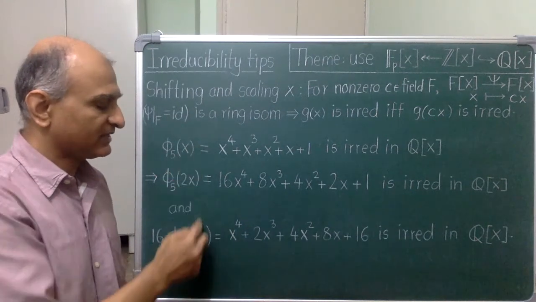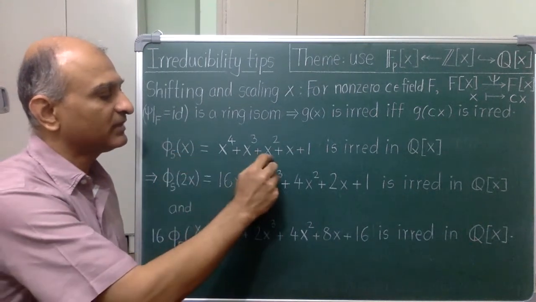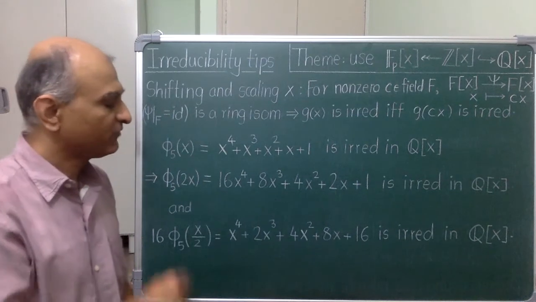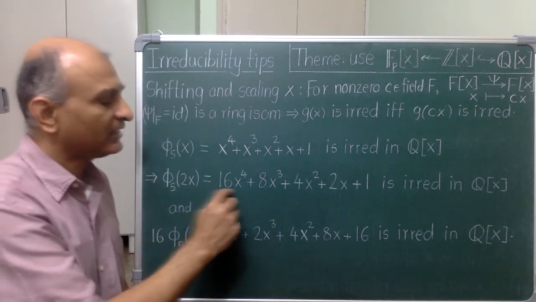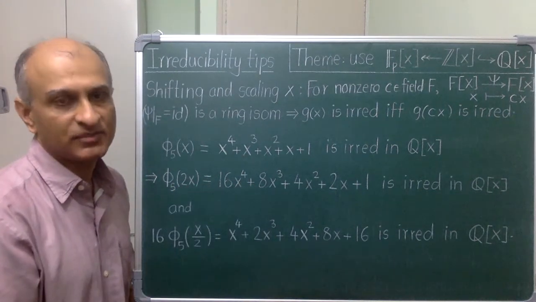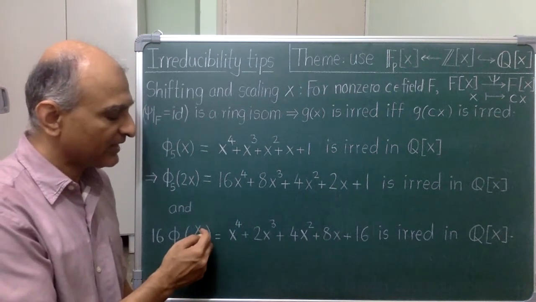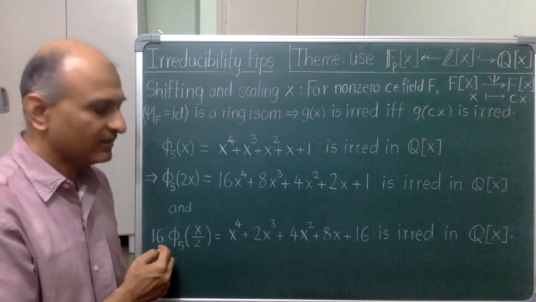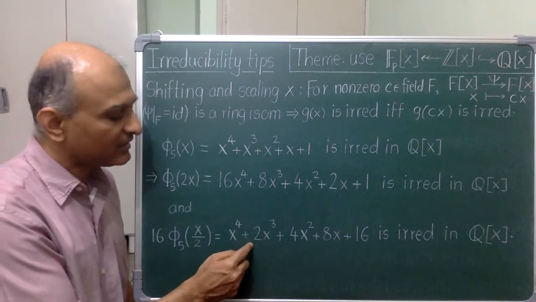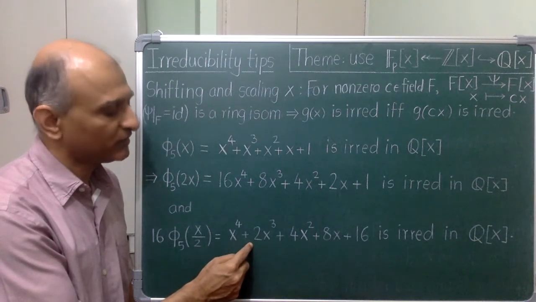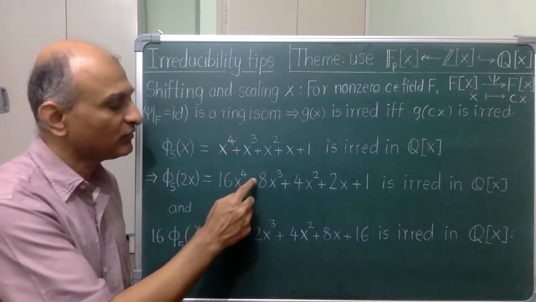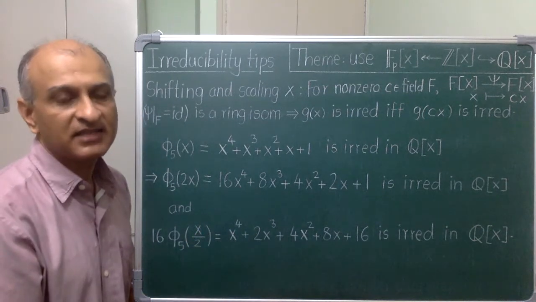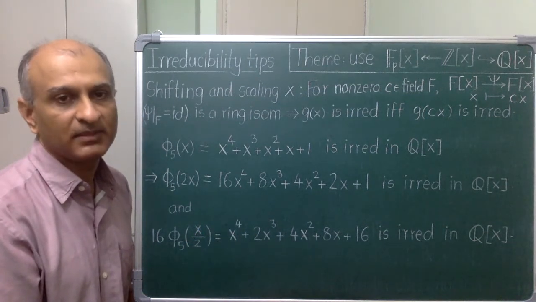Here are a couple of examples. This polynomial is irreducible, so if I plug in 2x, I get a polynomial that is again irreducible. And if I plug in x divided by 2 and clear the denominators, I again get an irreducible polynomial over Q. Note that in both of these cases, Eisenstein's criterion is not directly applicable.